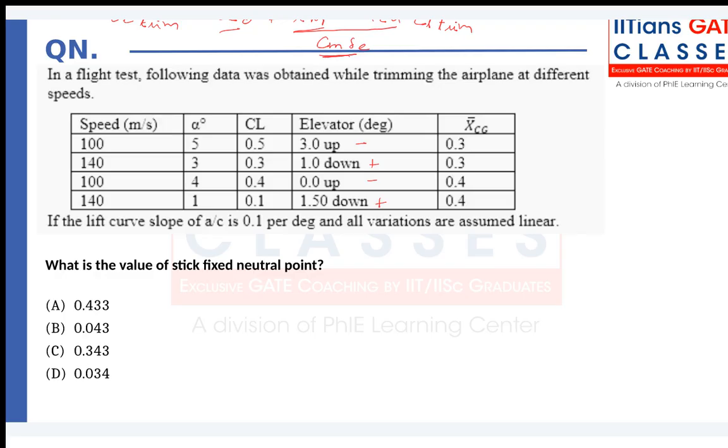Okay, so I'll just do it the way I solved it. You can use any way to solve these simultaneous linear equations. I'll just show you the way that I did.